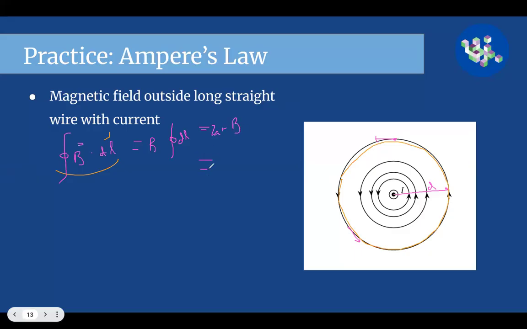And that equals mu zero times the enclosed current. The enclosed current will be the current I, so mu zero I. It's just really simple. I get B as a function of r or d, whatever, it doesn't matter. So as a function of distance from the wire, it will be mu zero I divided by 2 pi d.